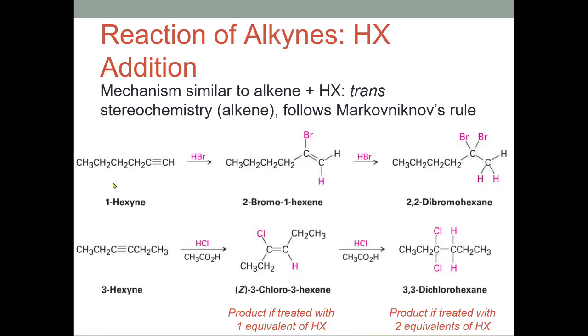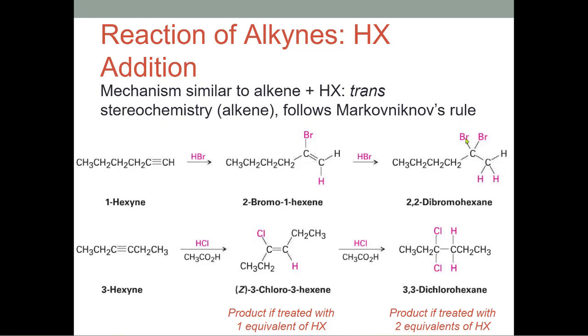If we start with a triple bond and we react it with one equivalent of HX, which is practically difficult to do, but if we tried to react it with one equivalent, we would get one addition like this. So that's just like in chapter 8. And then a second equivalent would give us a second addition reaction.